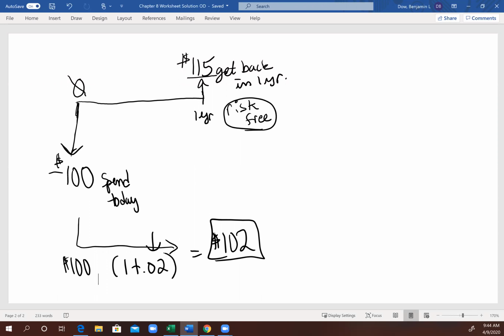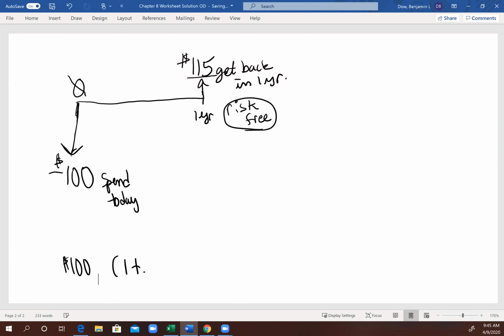You could also look at this. What if you didn't have the $100, but I had to borrow it? Well, suppose you could borrow it at 8%.